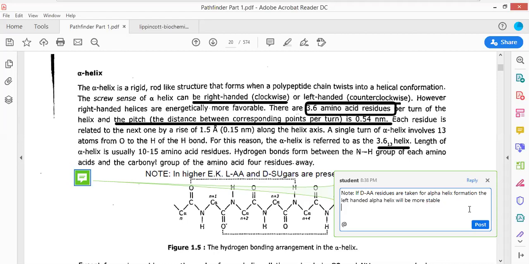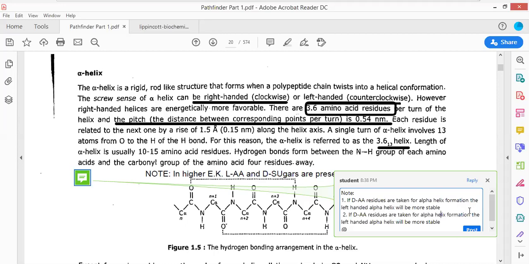Okay, now the next question, you have to note down all these points in your Pathfinder or your notebook. The second point, I'm just copying the above one, not to write it out again.